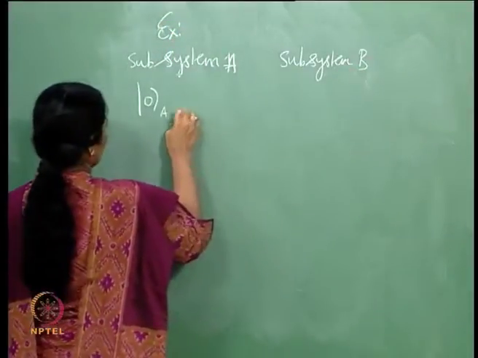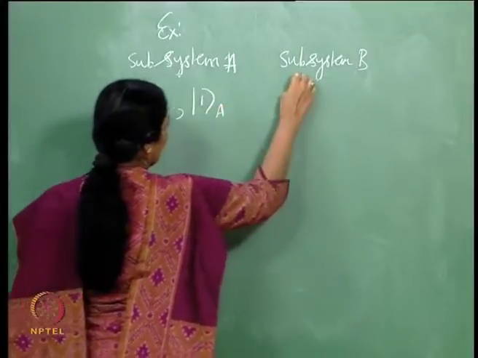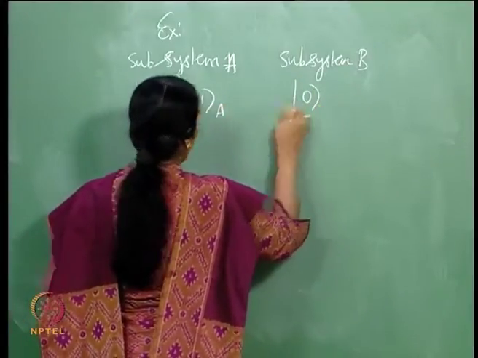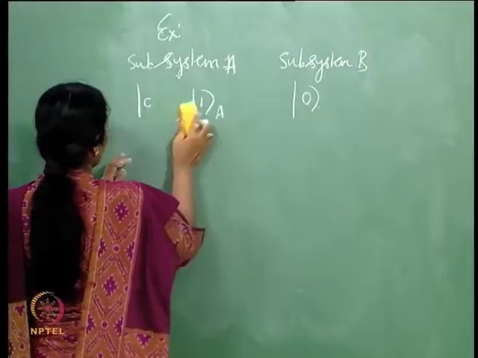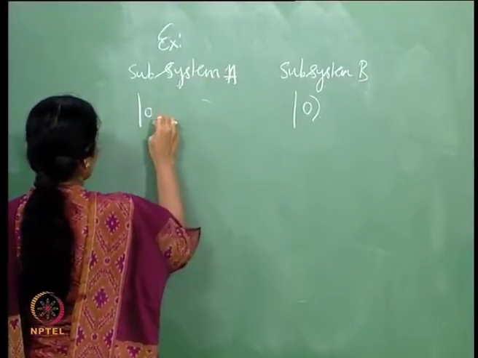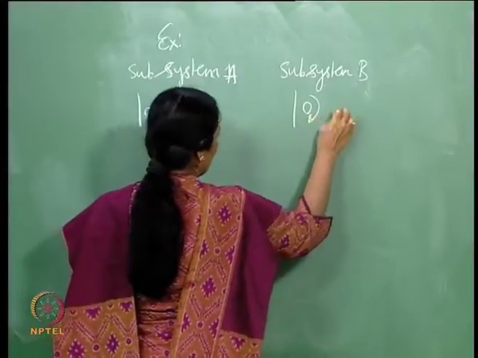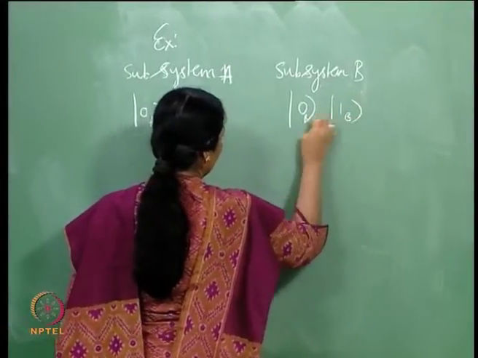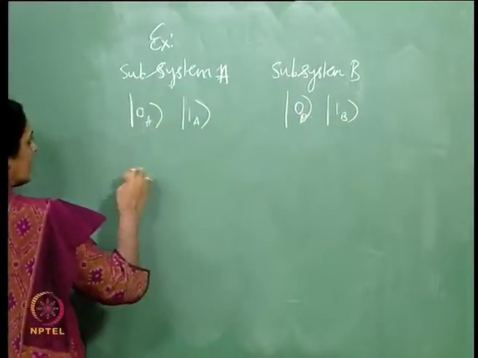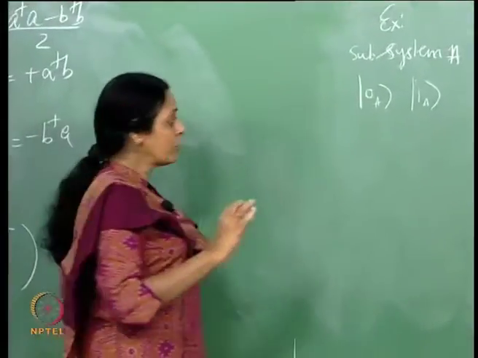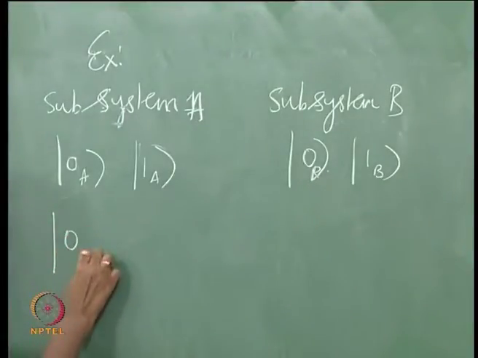I refer to them as 0A and 1A and 0B and 1B respectively. The tensor product will give me the following basis states.